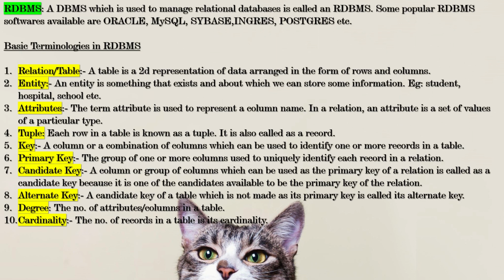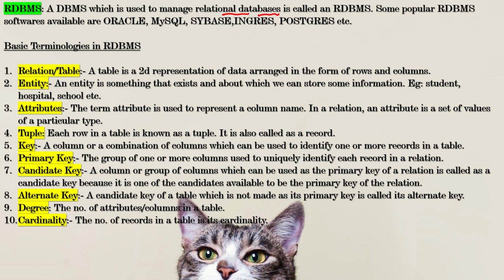Now, this is the proper definition of RDBMS. RDBMS is a database management system which is used to manage relational databases. Okay. We saw the definition for DBMS before. DBMS was a database management system, a software that is used to manage all the databases.